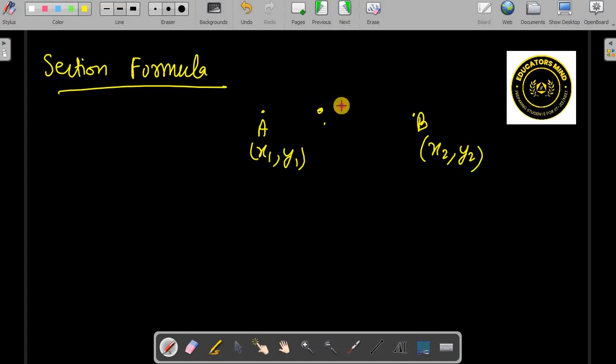Let's say a point P lies in between, on the line joining AB, and it divides it in the ratio m is to n. So the coordinates of point P can be calculated. Let's say the coordinates of P are x comma y.